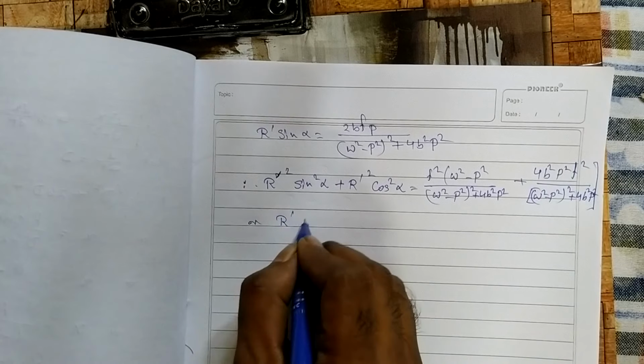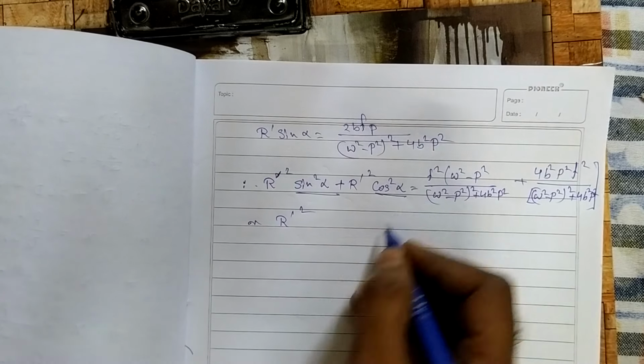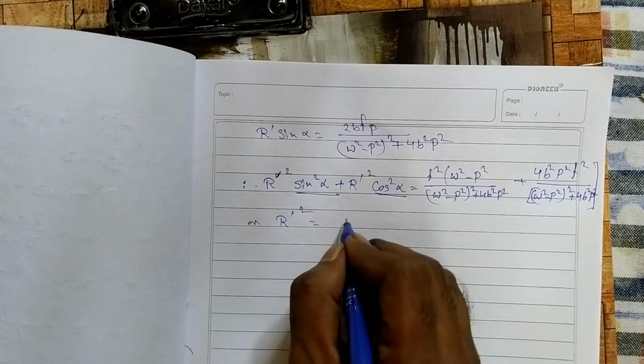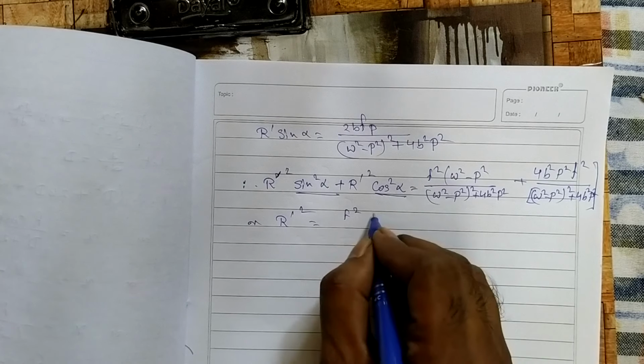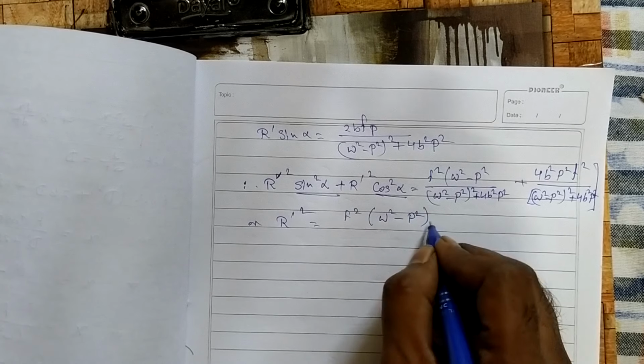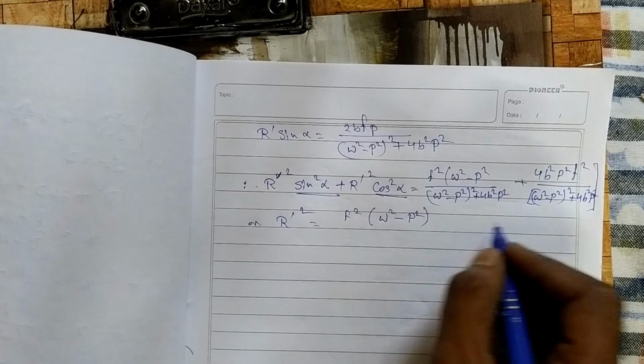So r dash square obviously becomes 1, since sin square alpha plus cos square alpha is equal to 1.